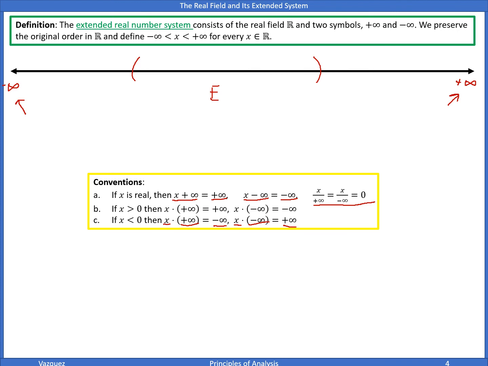But if we have a set of real numbers that isn't bounded, say E is bounded just below, then in that case we would say with the extended real number system that the supremum would be positive infinity. Same reasoning applies if E were bounded above but not below, and if it's not bounded above nor below, then our infimum is negative infinity and our supremum is positive infinity.